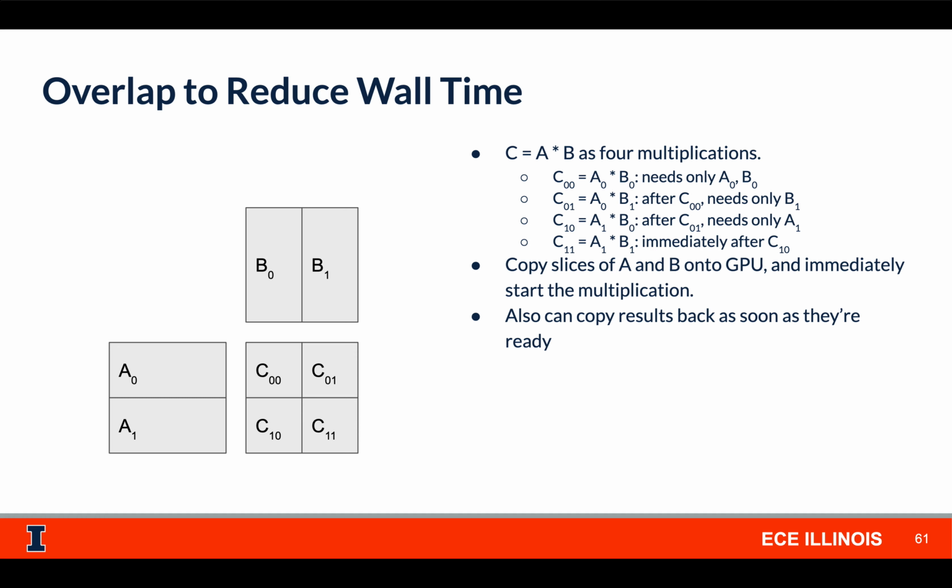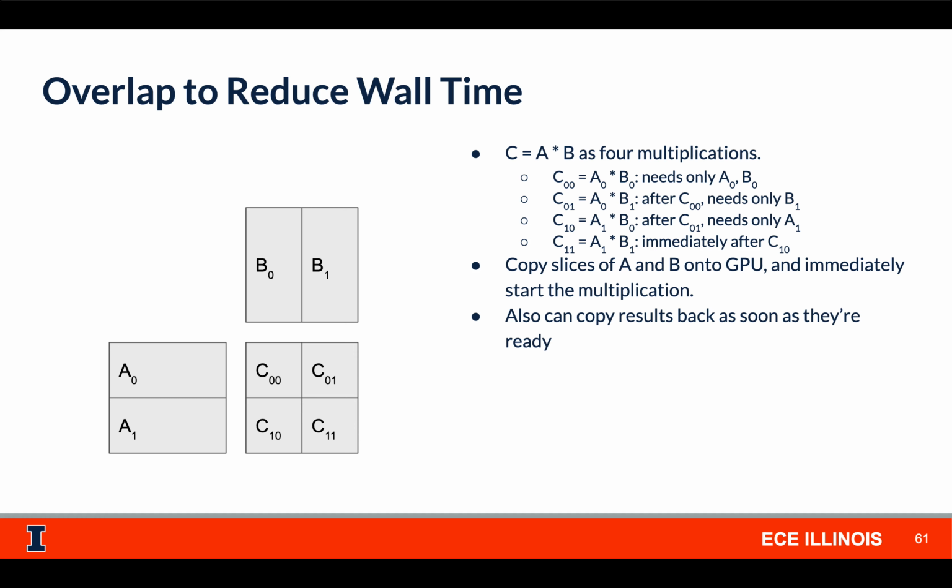And then once B1 is on the GPU, we can immediately compute C01 while transferring A1 to the GPU. And once A1 is on the GPU, we can finish the rest of the matrix multiplication.